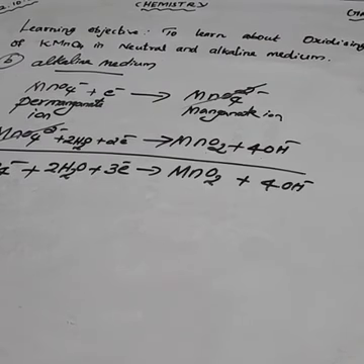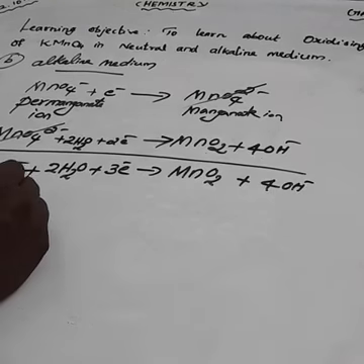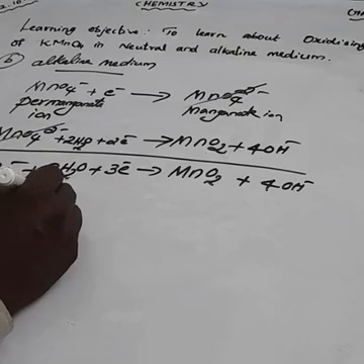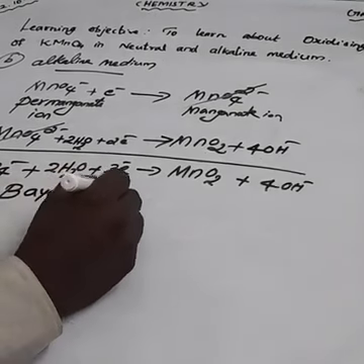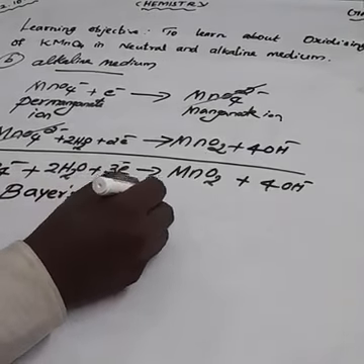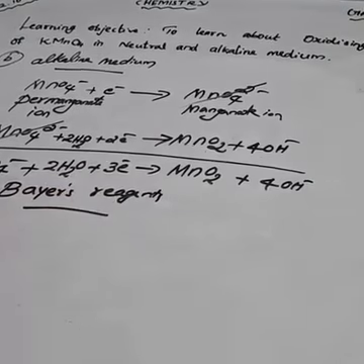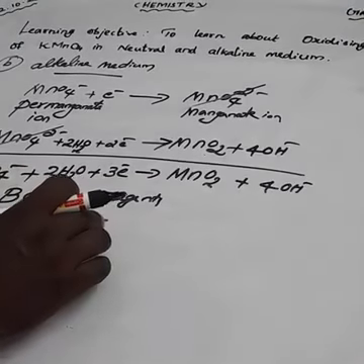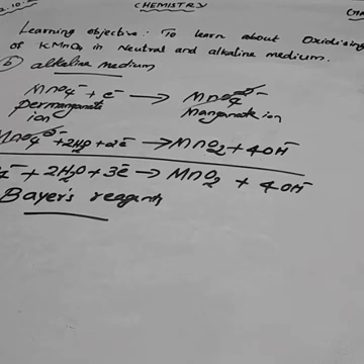The next one is Baeyer's reagent. This is very, very important. Baeyer's reagent for NEET students is very important for the one-word question.